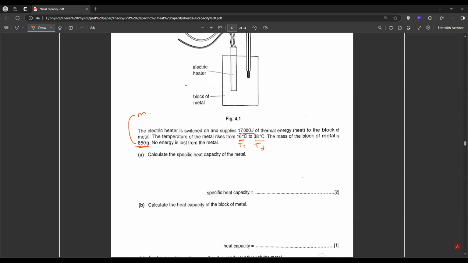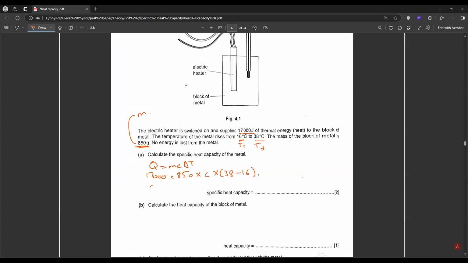Calculate the specific heat capacity of the metal. Very easy. Q is equal to mc delta T. What is your Q? 17,000. What is your mass? 850 grams. What is your specific heat capacity? I don't know. What is your change in temperature? 38 minus 16.